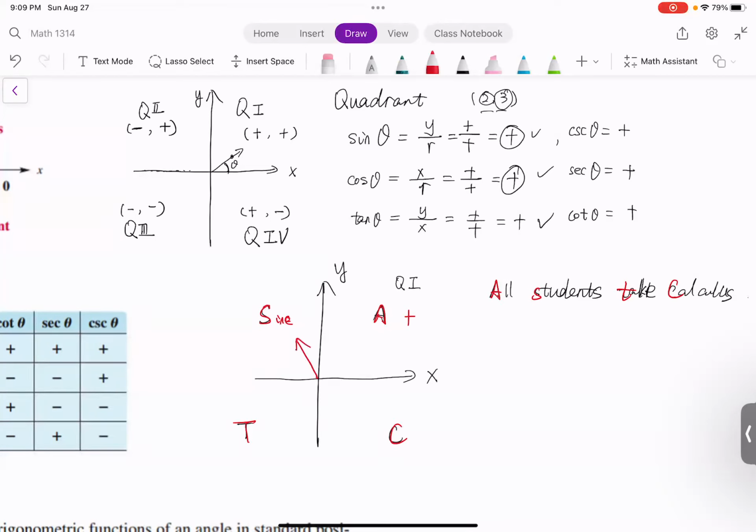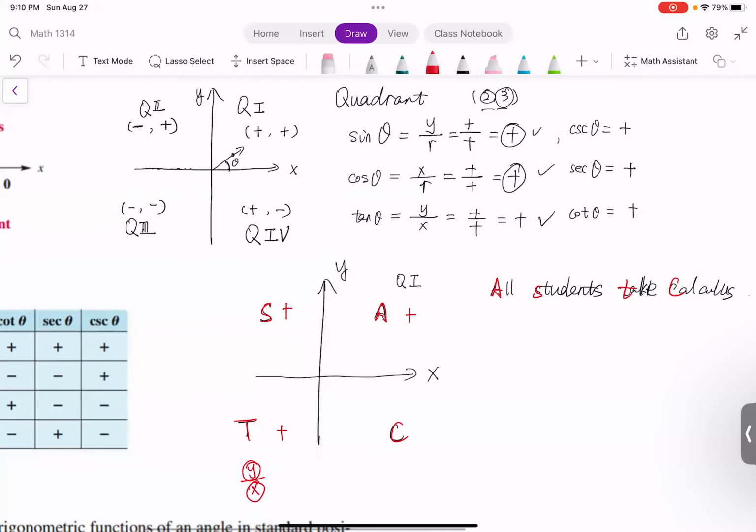For example, for any point or any angle in the second quadrant, the sine's value is positive. And T represents tangent, positive in the third quadrant because tangent equals y over x. If x and y are both negative in the third quadrant, then tangent is positive. And C represents cosine. Cosine is positive in the fourth quadrant.